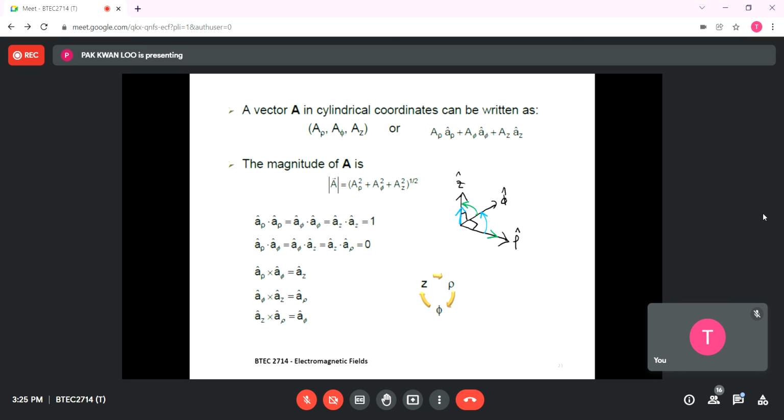I have indicated the crossing using the right hand rule, with the color of the cross product. And lastly, z crosses rho. So z crosses rho is here, which will produce phi.